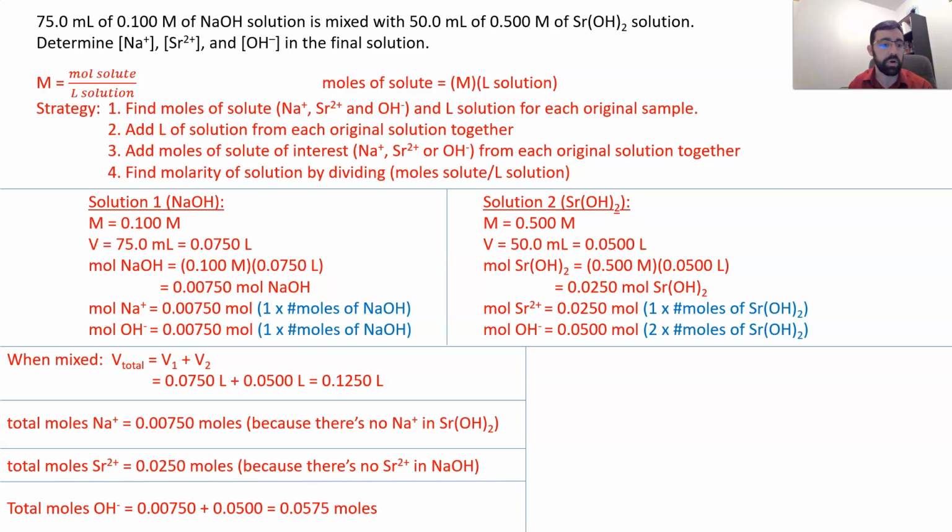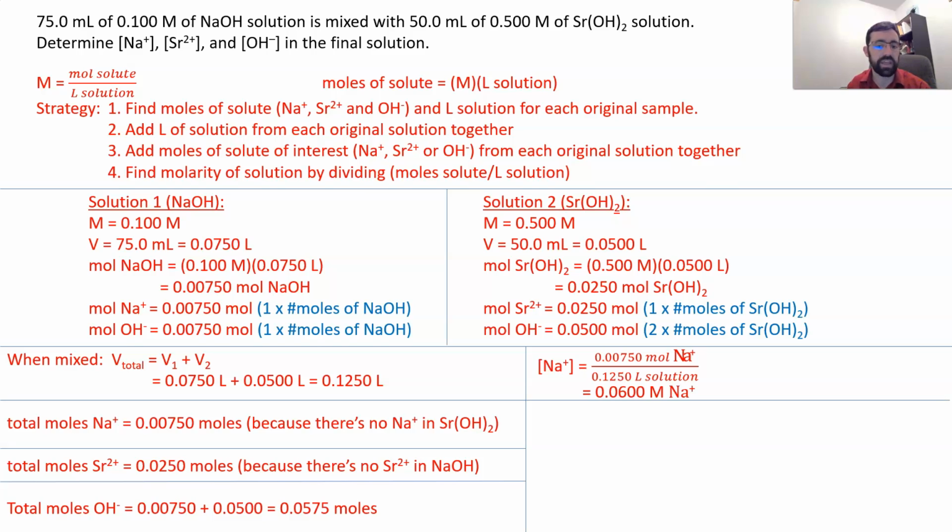I'm going to take the moles of sodium, 0.00750, divided by the liters of solution, 0.1250, to find the concentration of sodium ions. I get 0.0600 molar sodium.